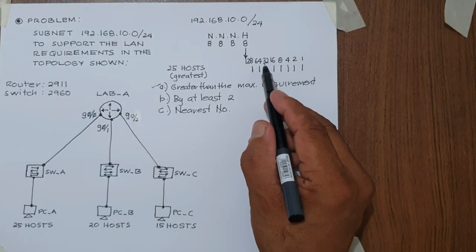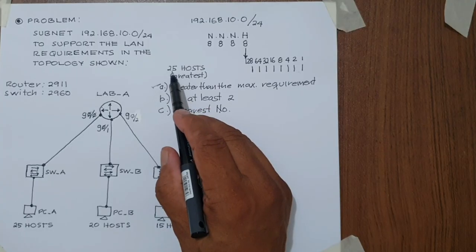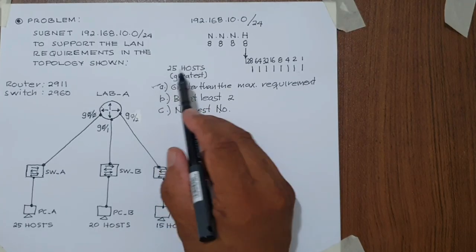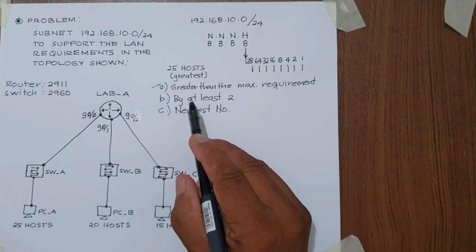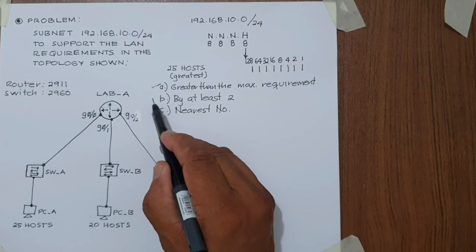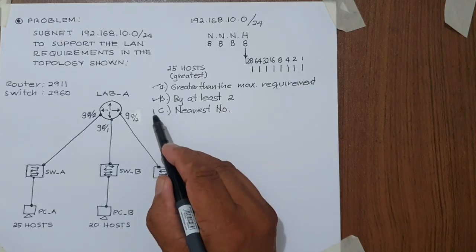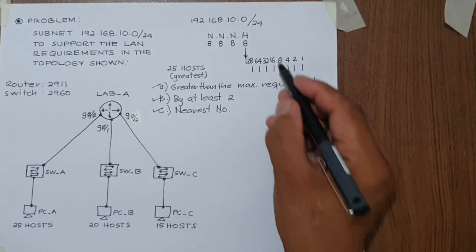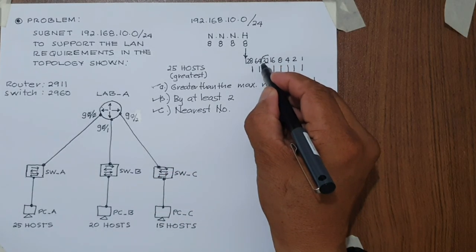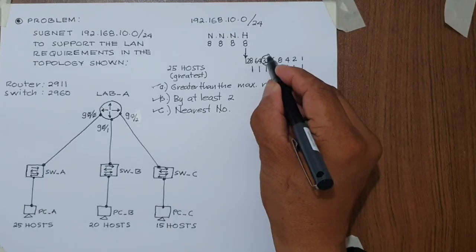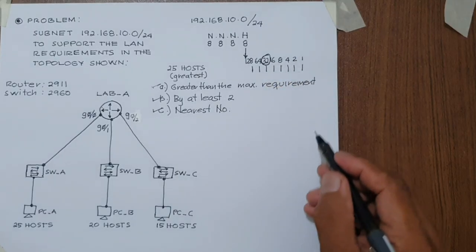And 32 is greater by 7 compared to 25. Therefore, this condition is also satisfied. So 32 will be our reference number.